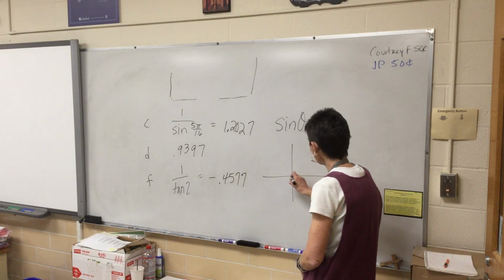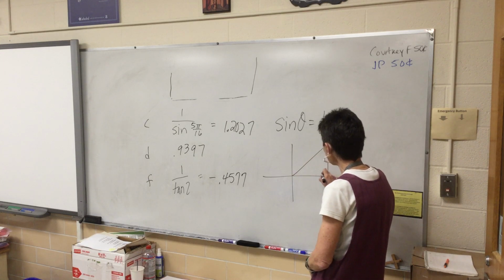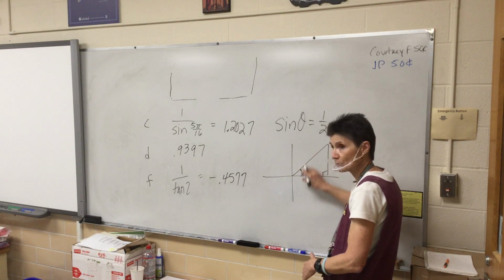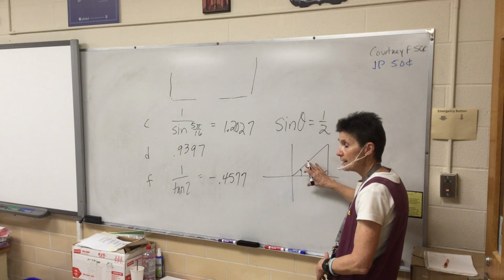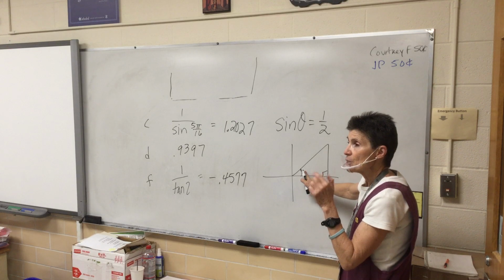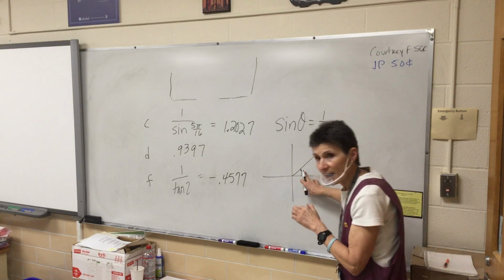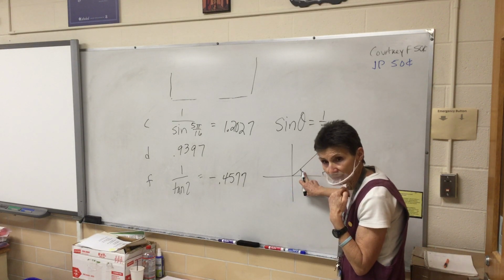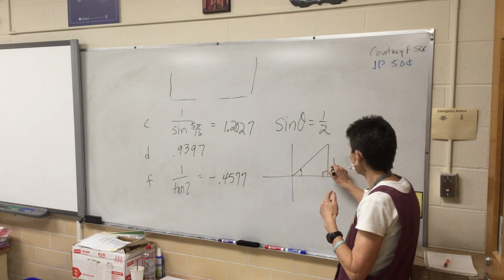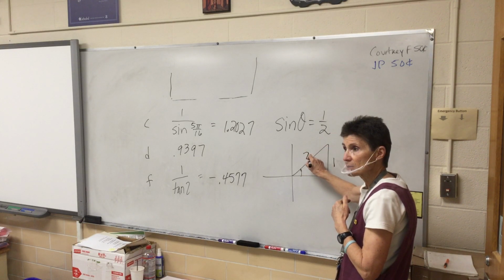I want you to think about your triangle here, your standard position triangle. Remember our angles here in standard position. And I have no idea how big that angle is, but I know that its sine is 1/2, right? Well, sine is opposite over hypotenuse.